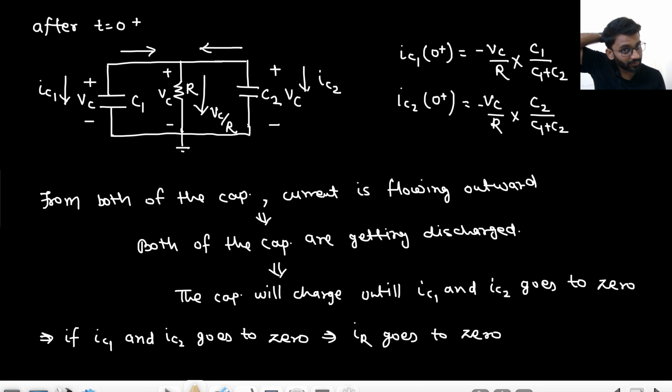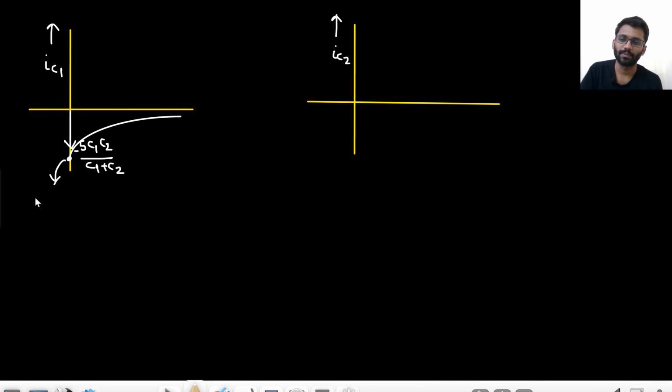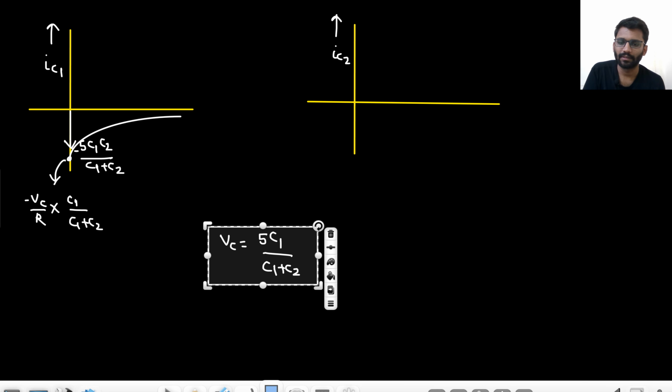VC by R, C1 upon C1 plus C2, that is minus VC by R into C1 upon C1 plus C2. What is VC? VC is what was VC? 5 C1 upon C1 plus C2, right? This is VC.